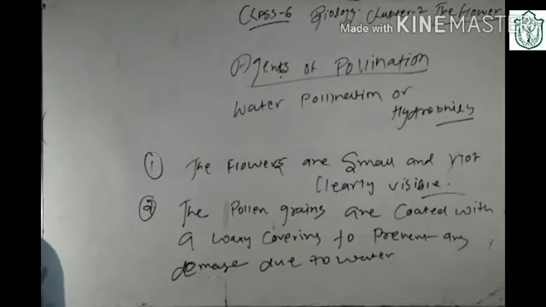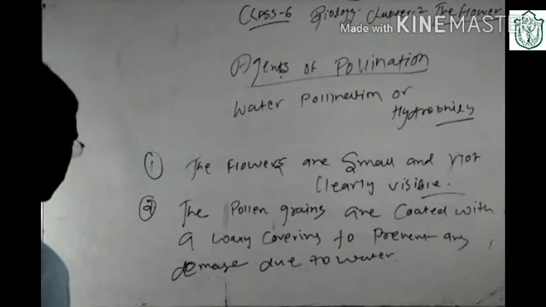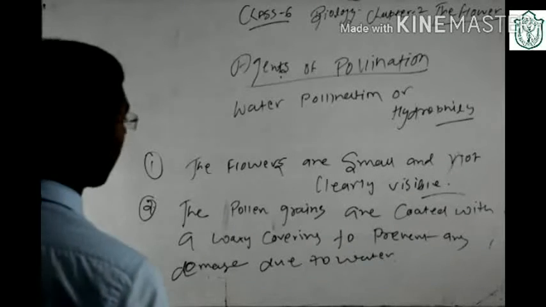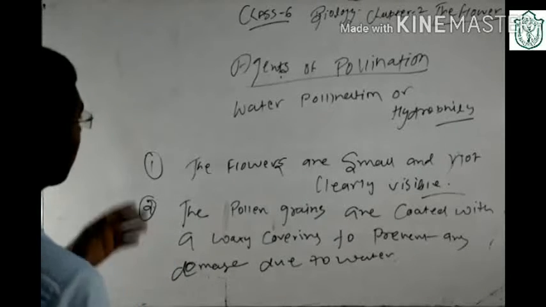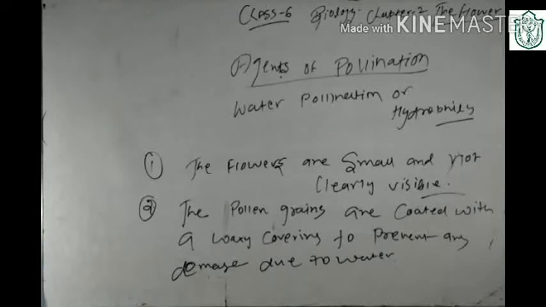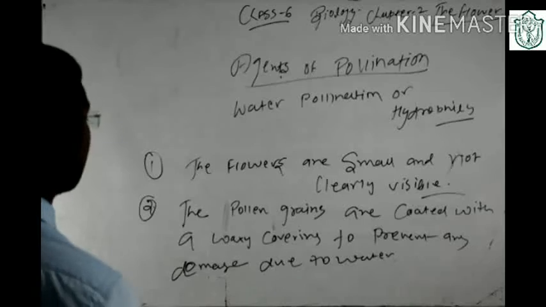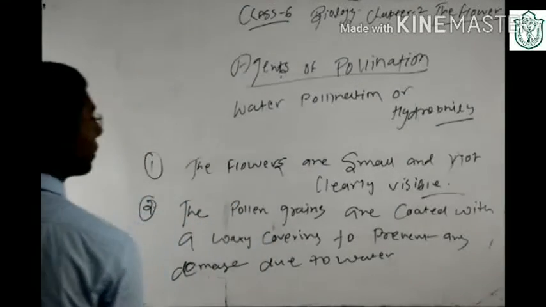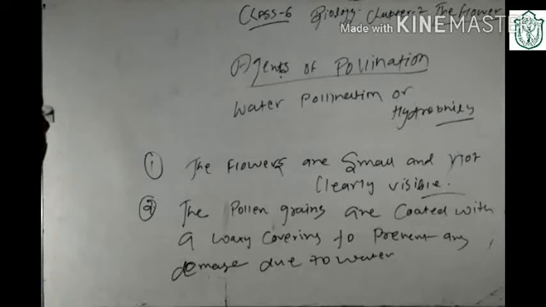And number third, the pollen grain should be very light. The pollen grains of this type of plant should be very light to float easily from one place to another. This is the third characteristic feature of a plant to get pollinated by the help of water.